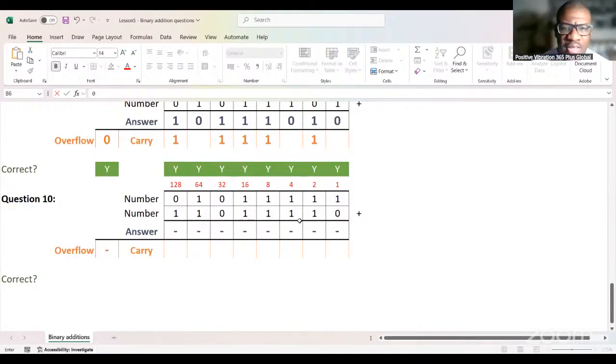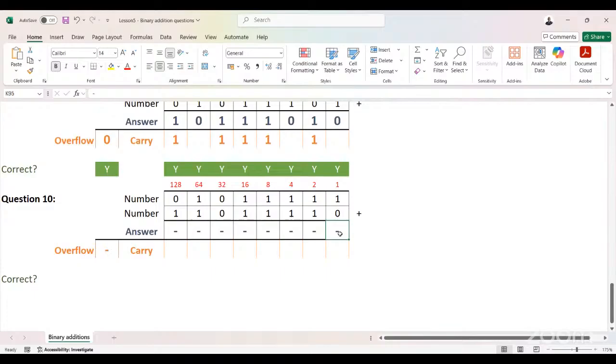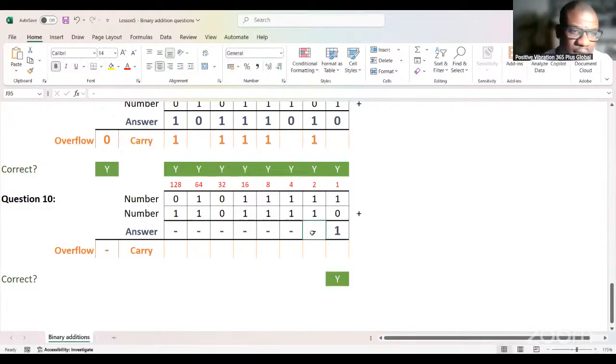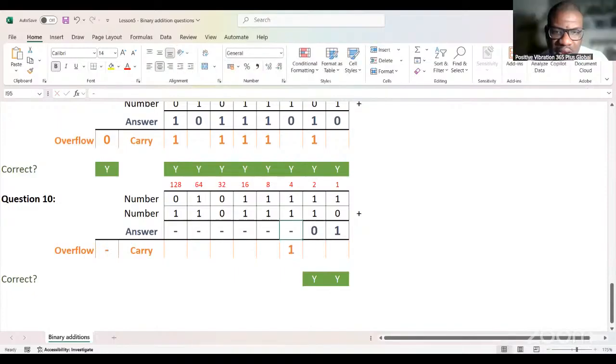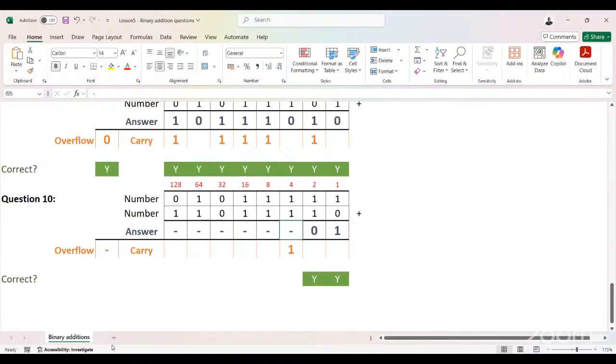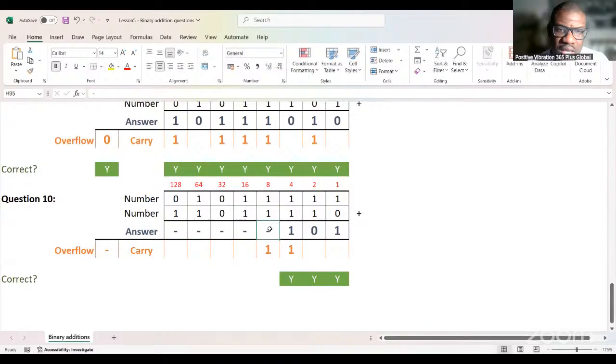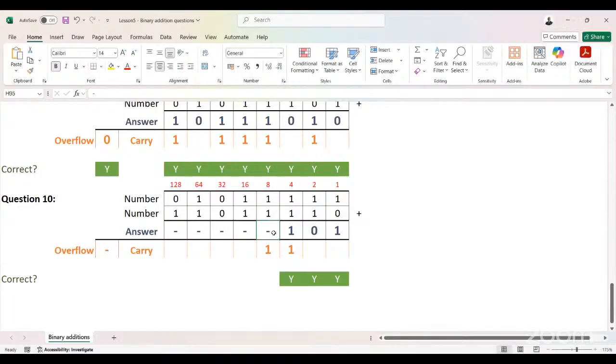Genobi, back to you. Let's go for this one. Make it smooth. 1, sir. So that one is 1. What about this? Put down the 0, carry the 1. Very good. What about here? Put down the 1, carry over the 1. Very good. What about here? Put down the 1 and carry over the 1.